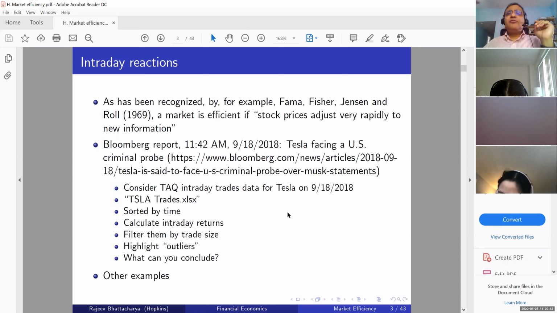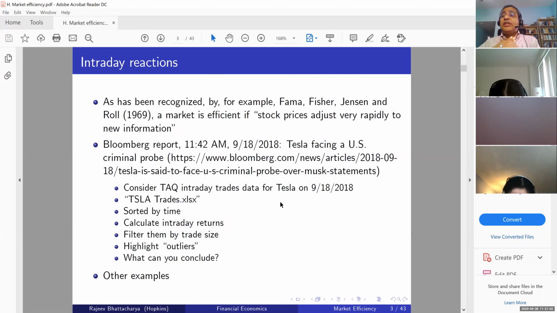This paper, Fama, Fisher, Jensen, and Roll, 1969, is one of the classics of all time. It's posted on Blackboard for you to read, and they do an event study. There is also the other paper by Ball and Brown. Ray Ball is a co-author of mine and a very dear friend.